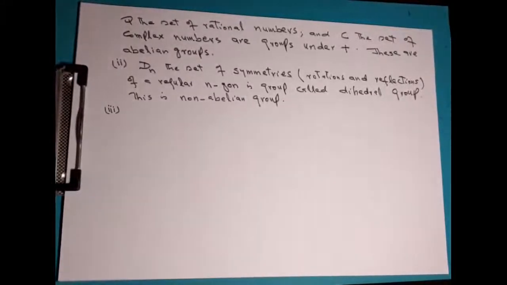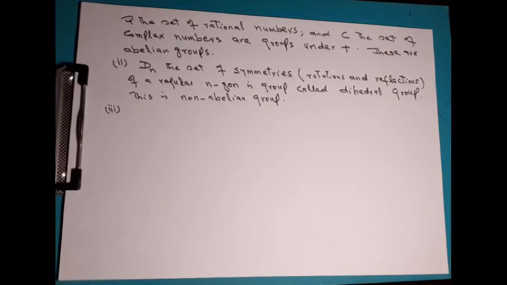We come to next example, and you know that the set of permutations on n elements is a group. You call it the symmetric group. This is again non-commutative.